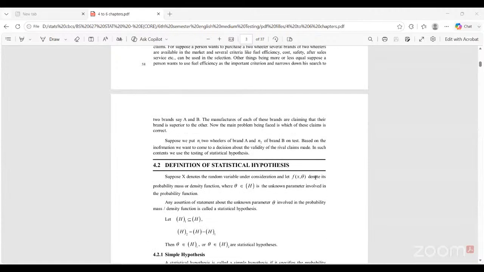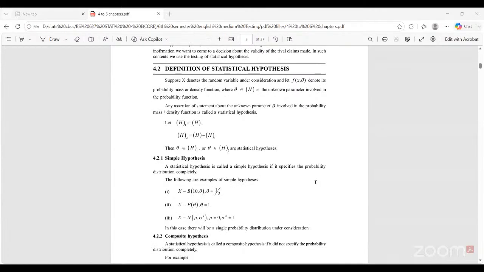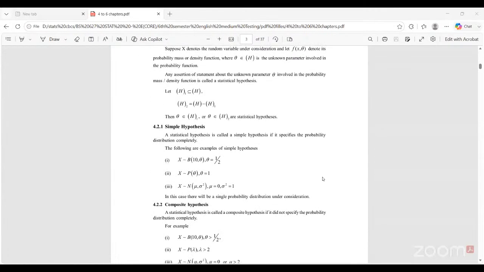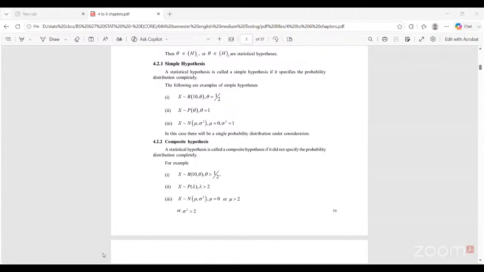These are not included in your chapter. See here, simple hypothesis. A statistical hypothesis is called a simple hypothesis when, for example, X follows B(10, theta) with theta equal to 1/2. Yesterday I told you X follows N(mu, sigma squared) with mu equal to 0 and sigma squared given. This is called a simple hypothesis.